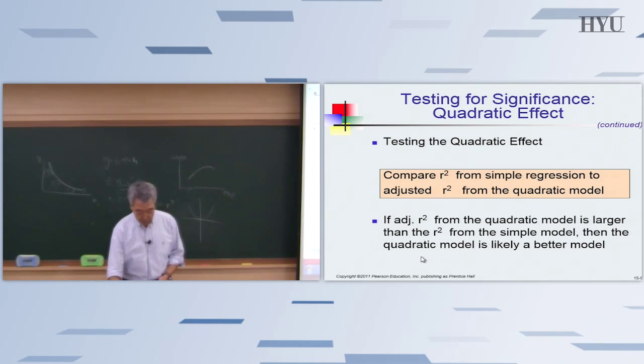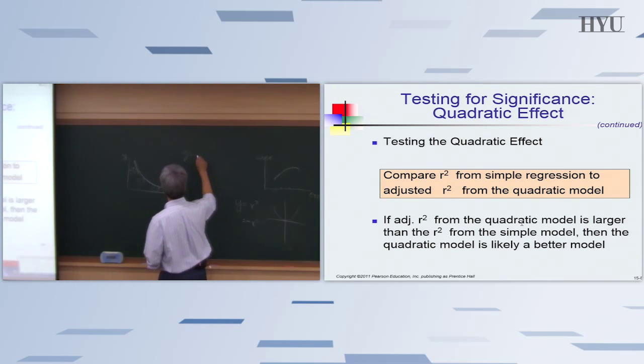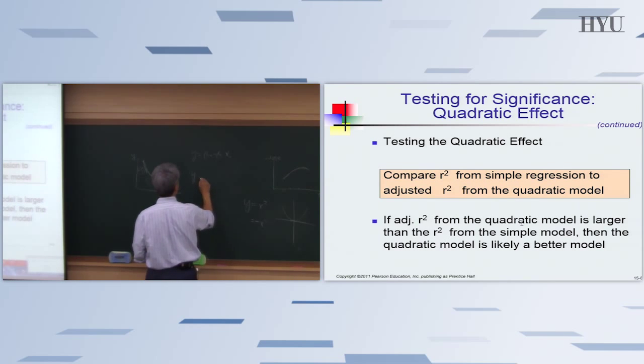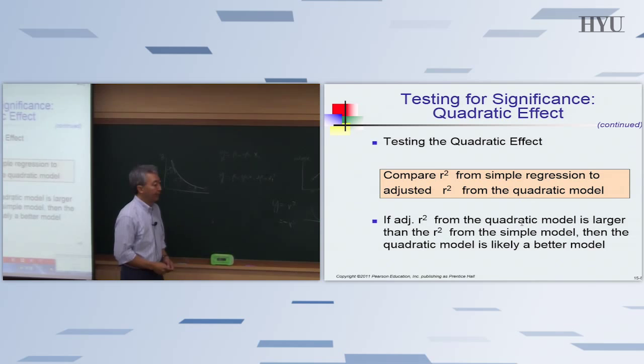If adjusted R square from the quadratic model is larger than the R square from the simple model, then the quadratic model is likely a better model, right? Why is that? Because you have y as beta naught plus beta 1 x1 in the simple model, and y is beta naught plus beta 1 x1 plus beta 2 x1 square in the quadratic model. Typically, adjusted R square is smaller than regular R square.